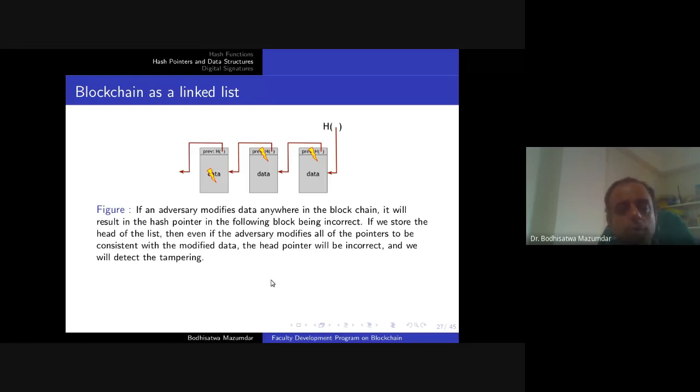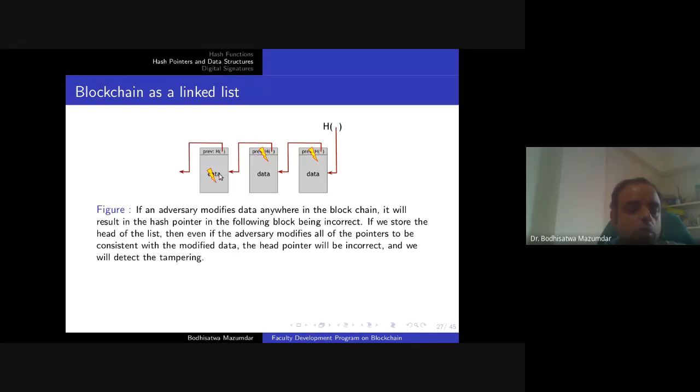So what happens over here? Suppose an adversary tries to modify a certain record in this blockchain. If he modifies the corresponding record, he has to modify the corresponding hash as well, along with the pointer.